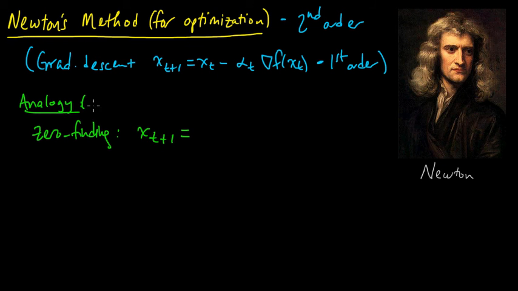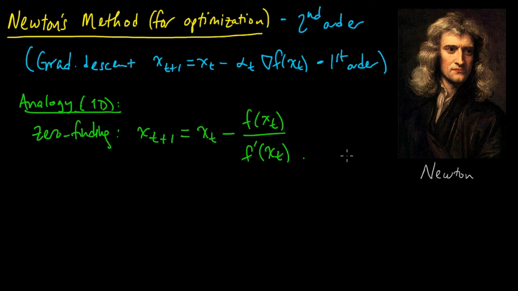So at first we'll just think about the 1D case. So xt, these are real numbers, and xt plus 1 is your new point. You start out with some point, x0, and then you iterate with this formula: xt plus 1 equals xt minus f of xt divided by the derivative of f at xt.